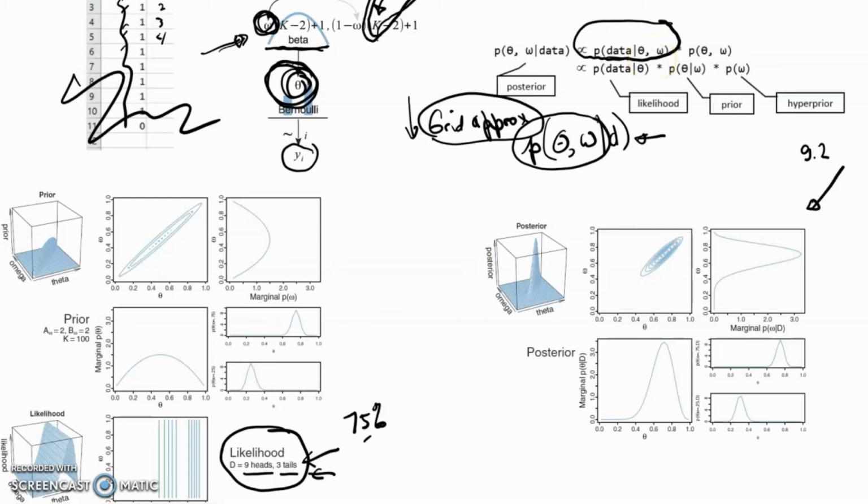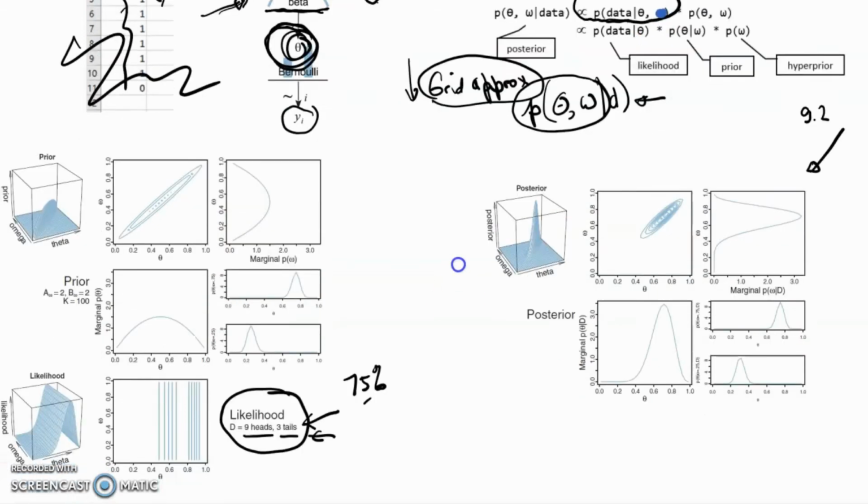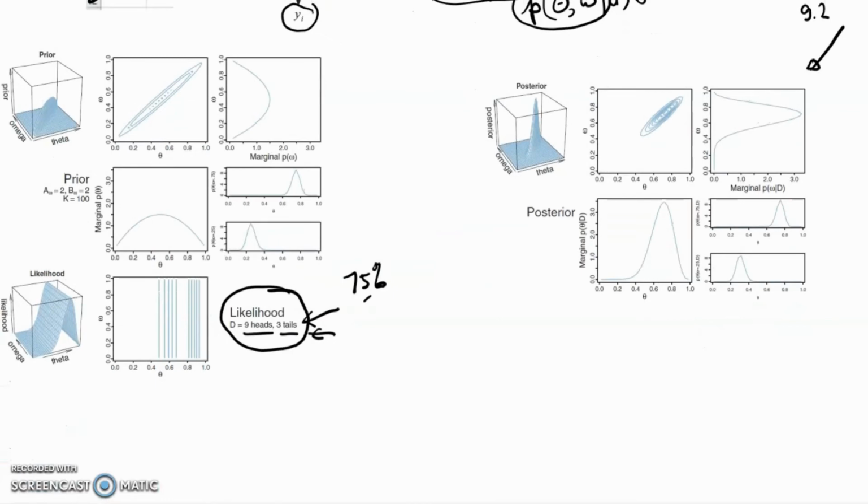But recall a really important point from the last video: essentially once theta has been established, we can ignore omega. And we see that both in the 3D plot as well as the contour plot. In the 3D plot, there's omega, there's theta, and you can see that these lines are parallel.